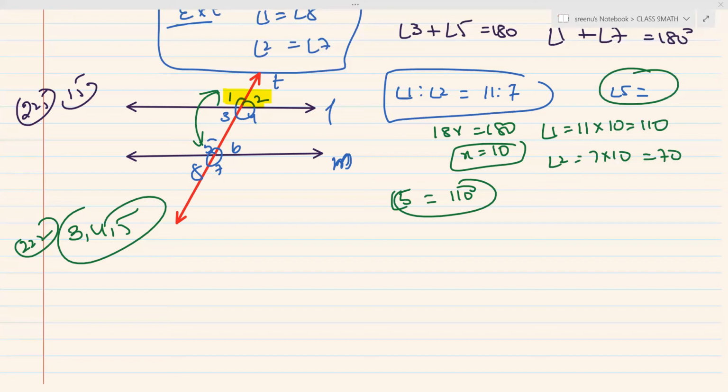That means Z is also 80 only. Vertically opposite means the same. Then X is also 80 degrees, sir. Actually there are two transversals, so please be careful. First P is the transversal. Next Q is the transversal. Okay, two transversals are there.